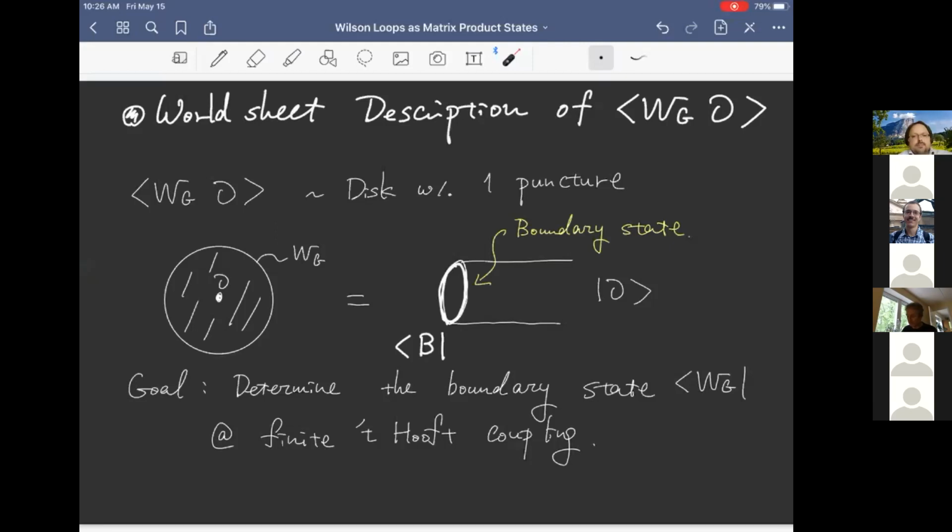And this expression can also be converted into this form by just doing the conformal transformation. So you have operator state O_R corresponding to the closed string, and you have a boundary state B corresponding to the Wilson loop. In this sense, you can view this as the overlap between the boundary state and the closed string state. So now the goal is to determine this boundary state B at finite 't Hooft coupling using the idea of integrability bootstrap.